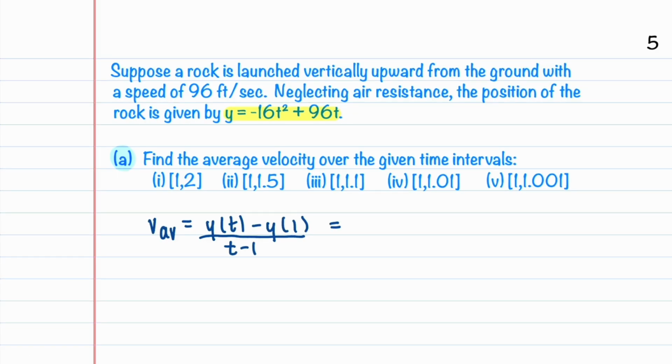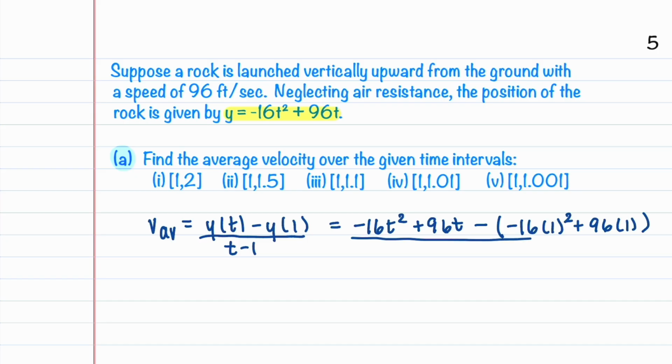Now we're going to plug in what this is. Y at t, looking at our formula highlighted in yellow, is minus 16t squared plus 96t minus y at 1. So this is minus 16 times 1 squared plus 96 times 1. And we're going to divide all of this by t minus 1.